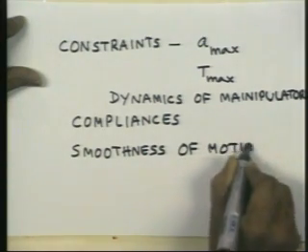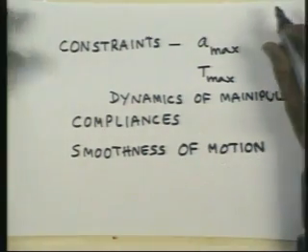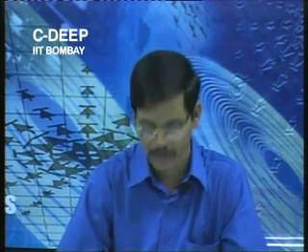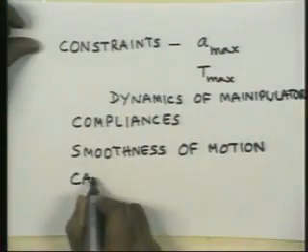So you may want, say for example, velocity and acceleration to be continuous. Okay, that may be your specification. Okay, so smoothness of motion also becomes a desired objective. So like this, you can list down different types of constraints. We have already looked at the Cartesian path constraints to avoid obstacles.